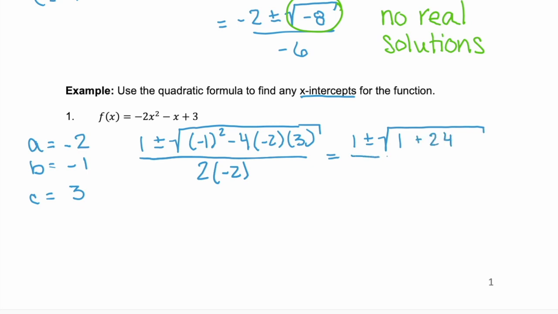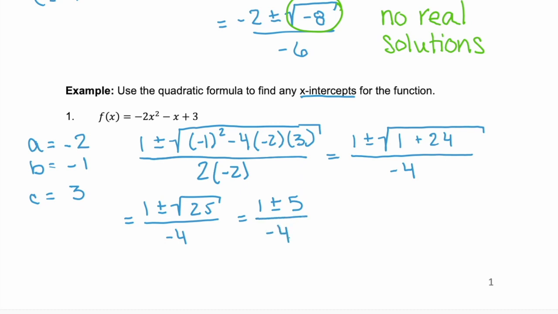That's our radicand. And then 2 times -2 for the denominator is a -4. And keep simplifying. 1 plus the square root of 25 for our numerator and -4 for the denominator. Well, 25 is a perfect square, so we can simplify that radical down to just a 5.